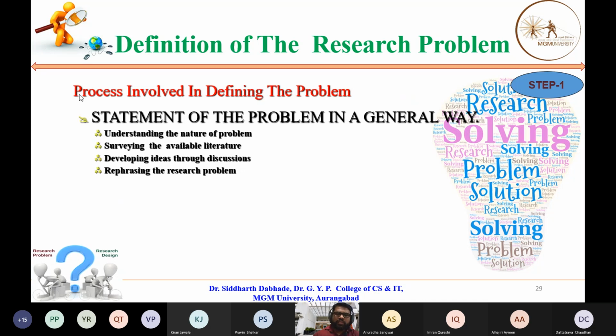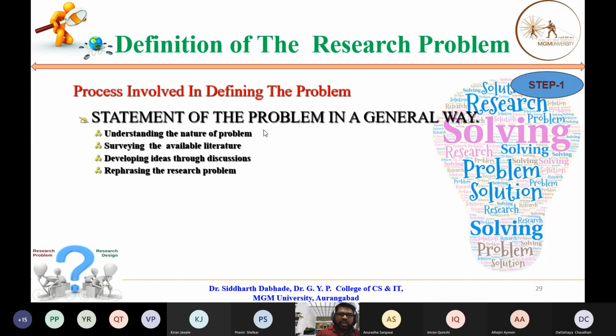Another thing is the process involved in defining the problem. What is the process? First, you need to proceed in a very appropriate and systematic manner when you design your research process.